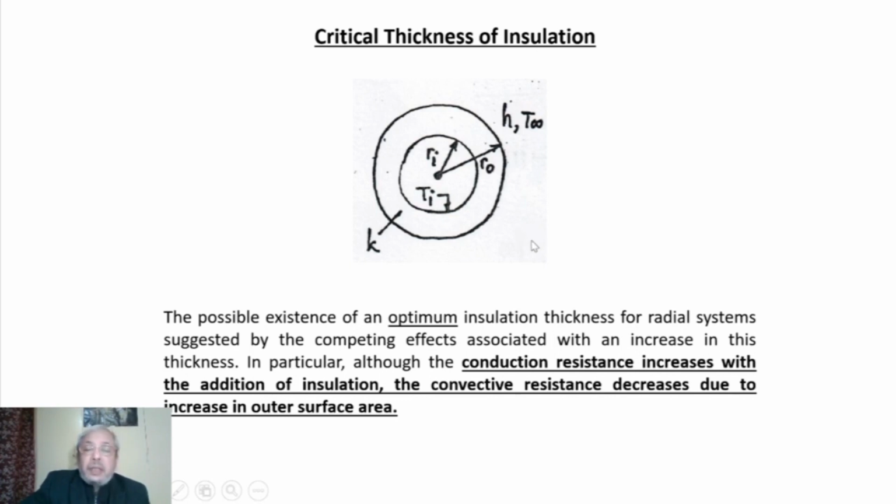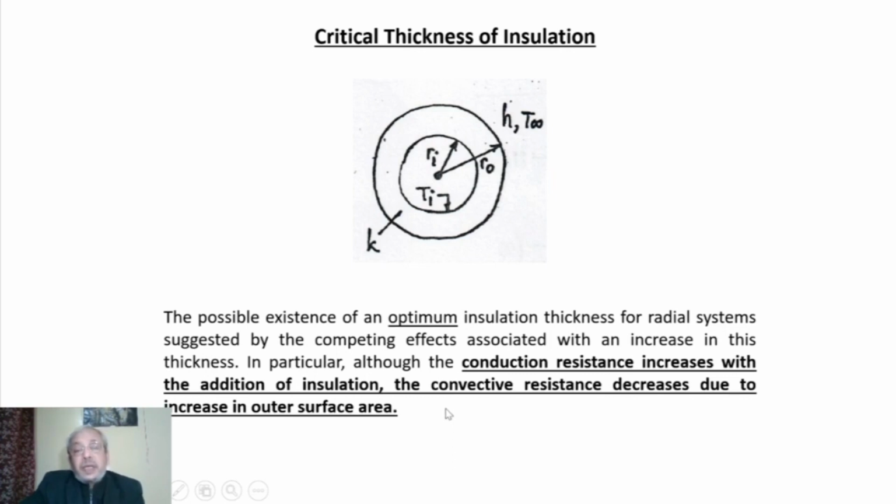In particular, although the conduction resistance increases with the addition of insulation, which means a possibility of heat transfer being less, the convective resistance decreases. Convective resistance decreases means there is a possibility of enhancement of heat transfer due to the increase in outer surface area.